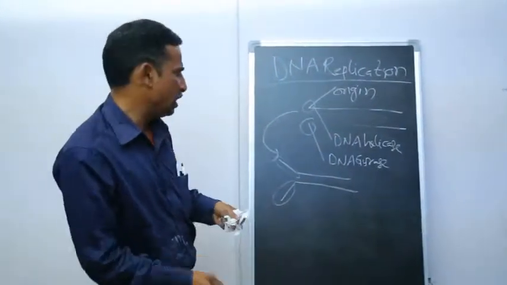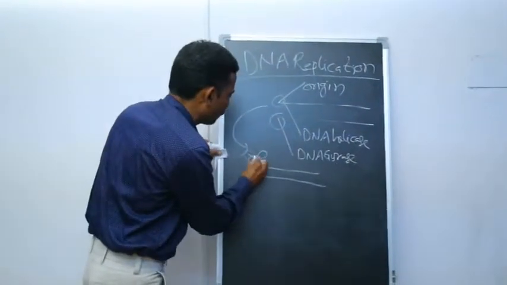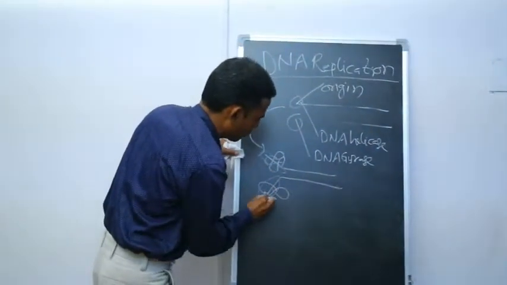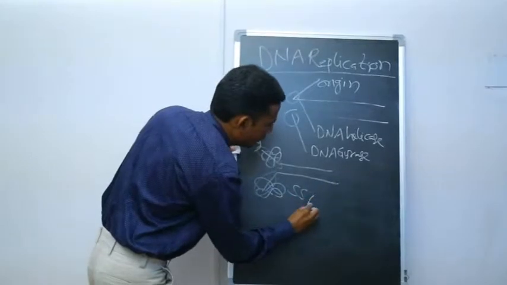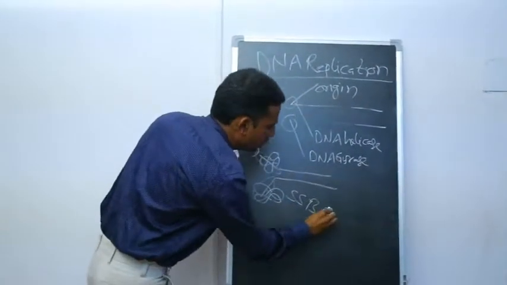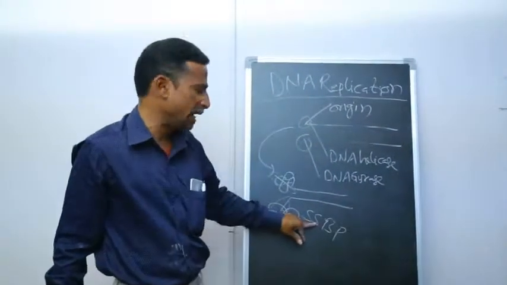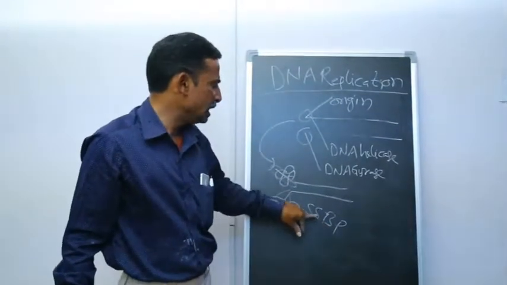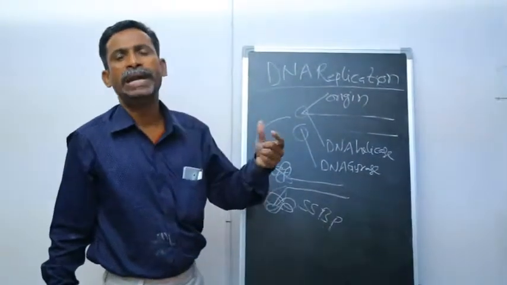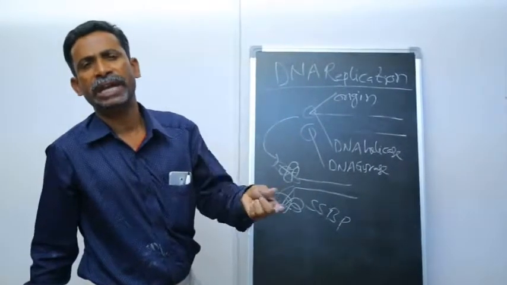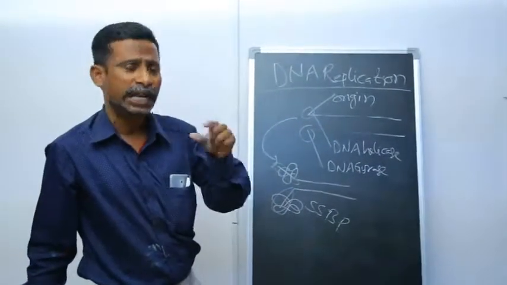In the second step, some proteins are there. SSBP means single stranded binding protein. This single stranded binding protein stabilizes the DNA material.